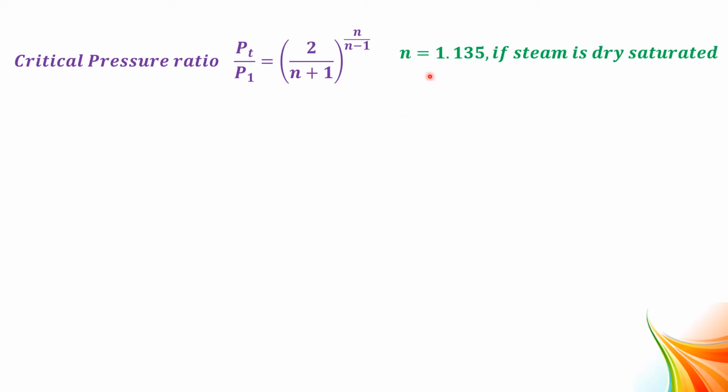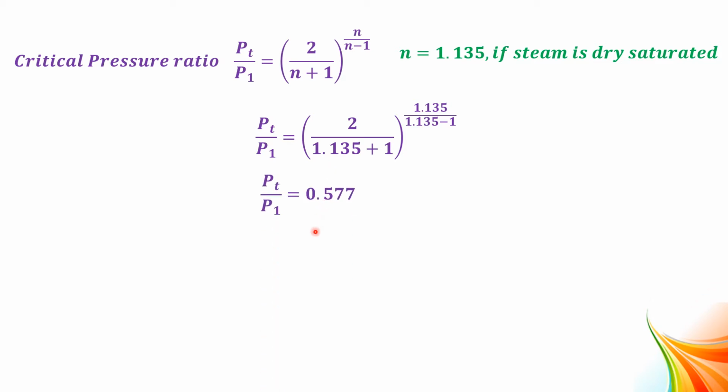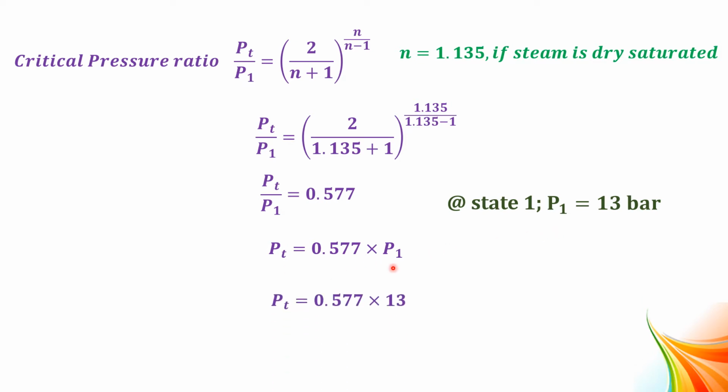Now substituting the value of n equal to 1.135 in the critical pressure ratio equation, we get the critical pressure ratio Pt by P1 equal to 0.577. Now Pt equal to 0.577 into P1, cross multiply this term. So in our problem they have given pressure P1 equal to 13 bar, substitute P1 value in this equation, so we get throat pressure Pt equal to 7.5 bar.